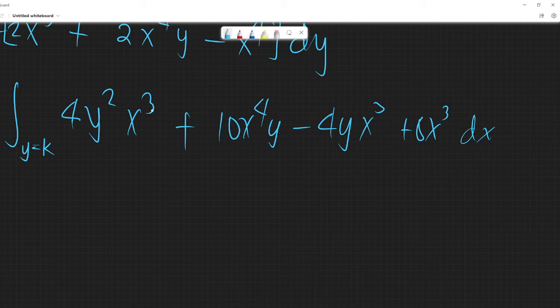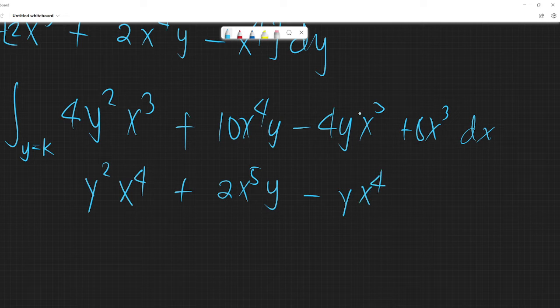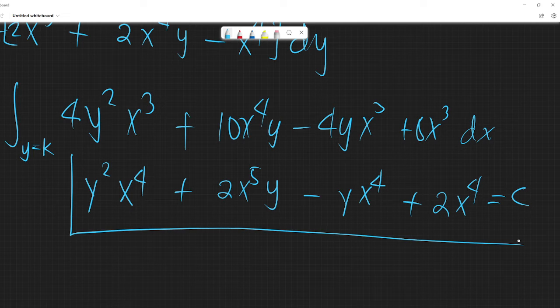Here we will now differentiate this. So this is y squared x raised to 4 plus 2x raised to 5y minus y x raised to 4, and this is 2x raised to 4 is equal to c. And that will be our answer for number 1.